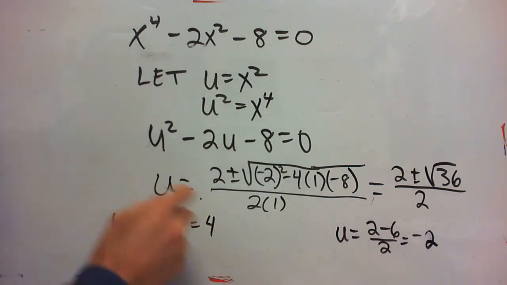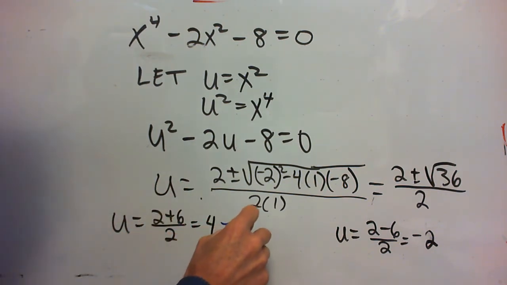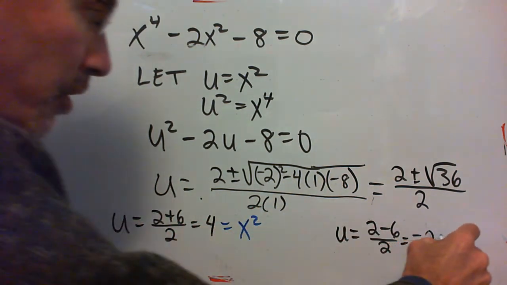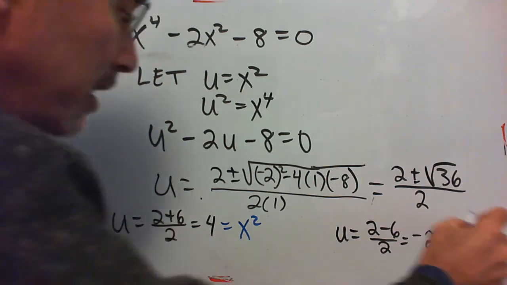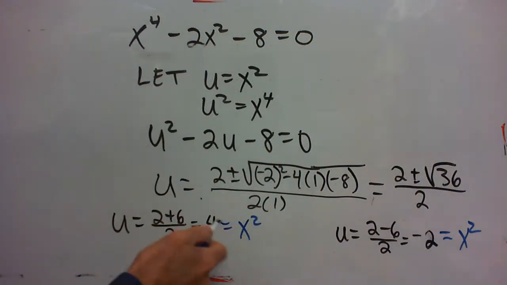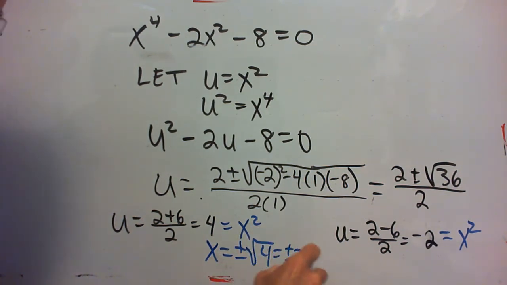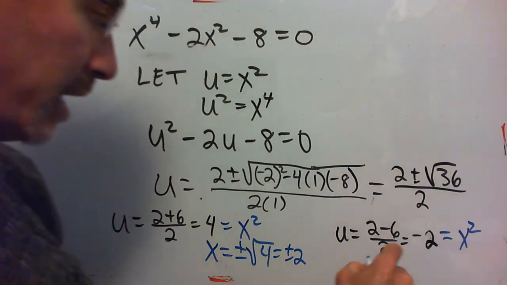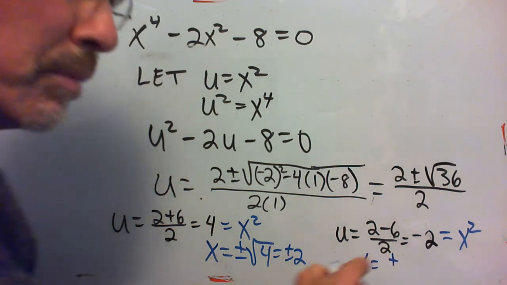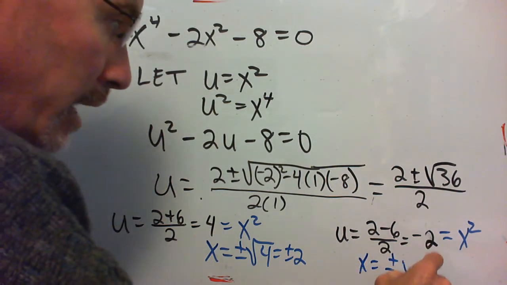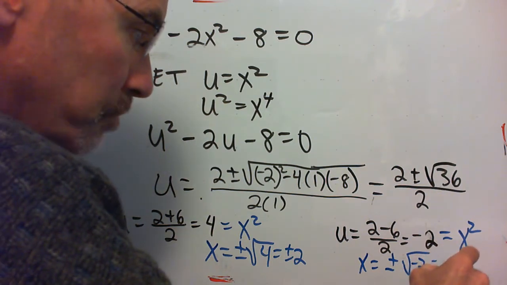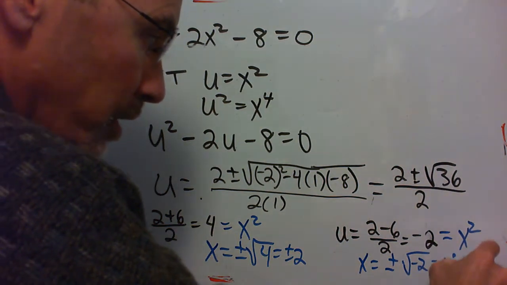That's not our answers. That's u. That equals x squared. Those answers equal x squared. So to get x, we extract square roots. X is plus or minus the square root of 4, which is plus or minus 2. And then also x is plus or minus square root of negative 2, which is plus or minus i square root of 2.